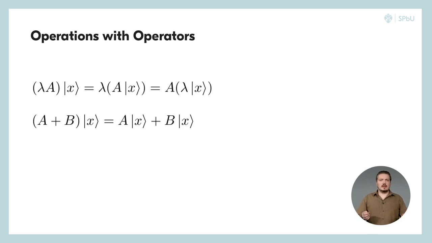For an operator A and a number lambda, the action of operator lambda A is the action of A and then multiplication by lambda. And the sum of two linear operators, A and B, is also a linear operator, A plus B. It acts on any vector x as if we apply A and B to it separately, and then add up the results.